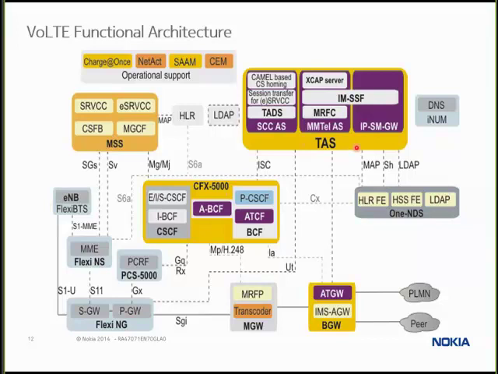The telephony application server that we use in this network is called an open TAS. So it's an open standard, but we're following the open implementation of the 3GPP standard to ensure that we are interoperable with other technologies. Now, all of this is going to have some kind of database that has to back it up. So that's where we have in Nokia, we have something called the 1NDS.